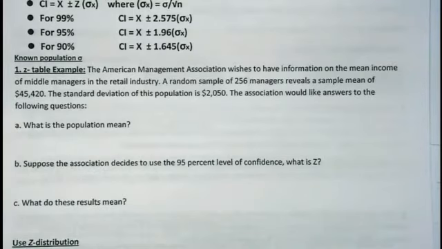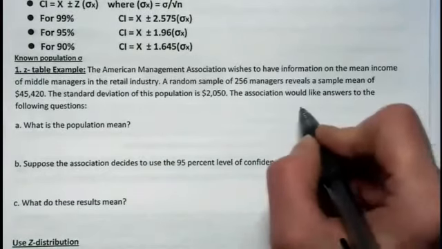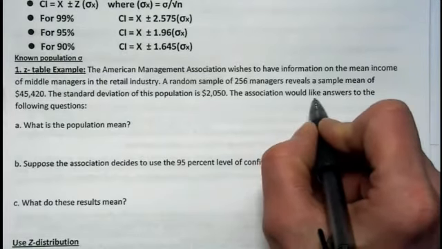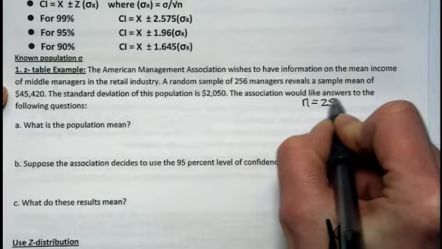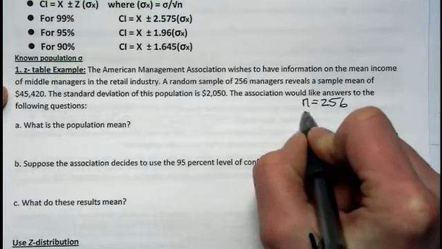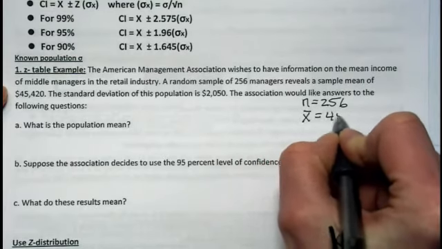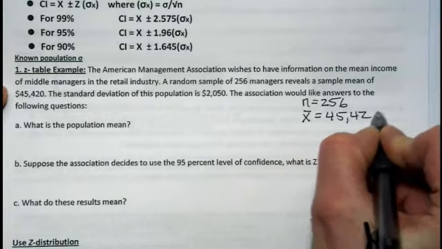Typically on this test, I'm going to say, what is the population mean? You'll see that. We don't have it. I'm going to write the givens here. The first thing I have is a random sample of 256. I have a sample average of 45,420.